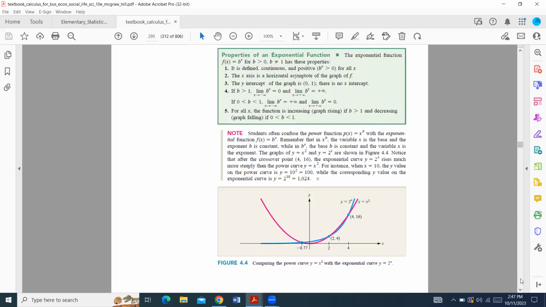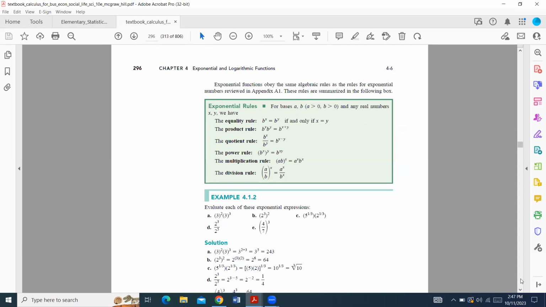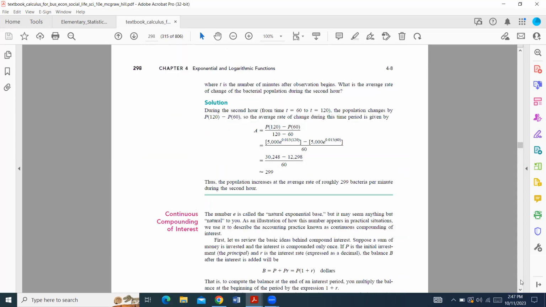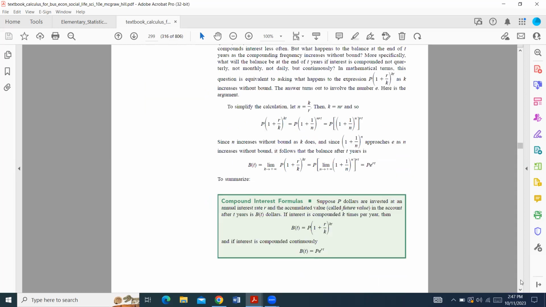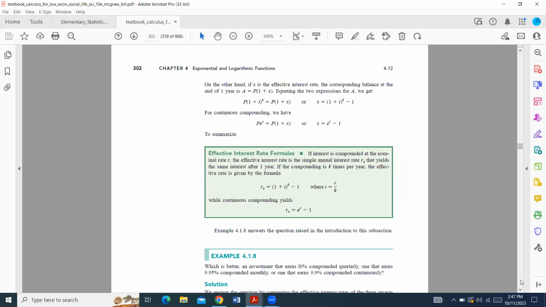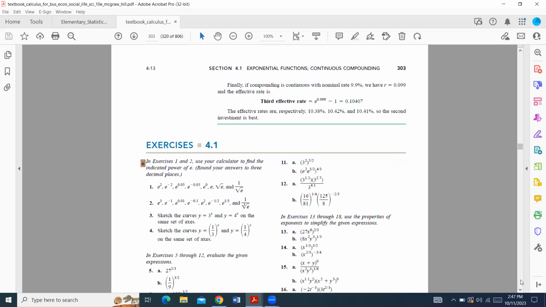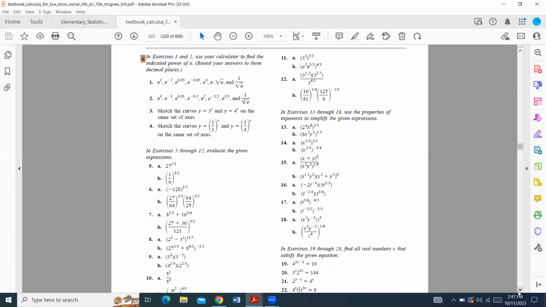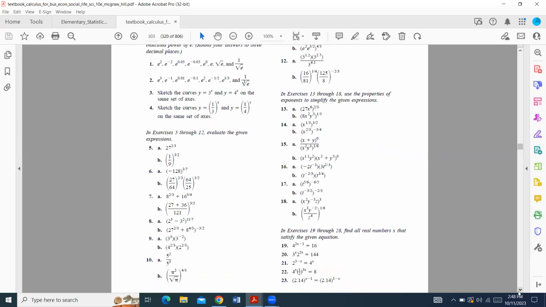Our class is all about graphing, so we will be doing more and more graphing. And in the next section, we're going to continue with that. So I'd like to refresh what we did a little bit last time, and then we can move on.